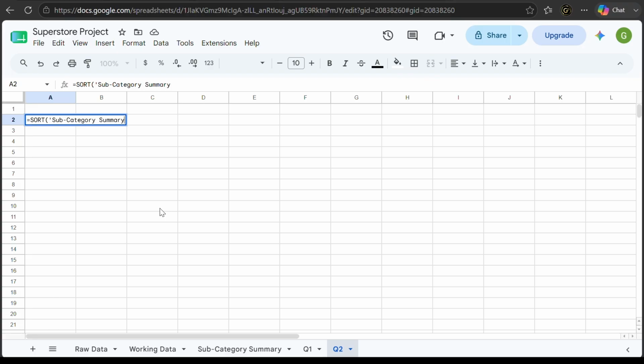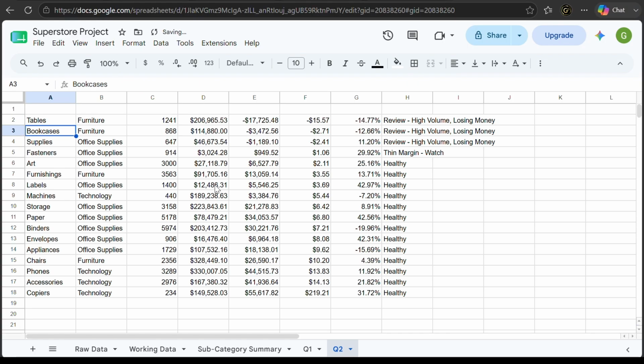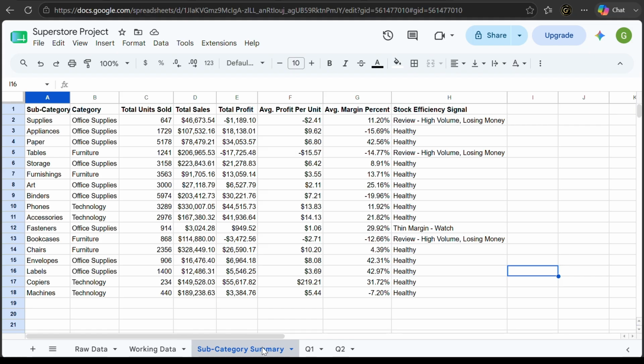I'm going to take my values from the subcategory summary sheet, A2 to H18, and then true. All right, I'm going to press enter, and let's see what we have here. Oh, wow. Yep, this is basically the same.